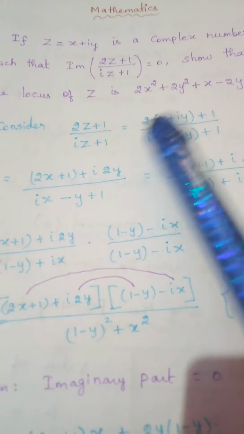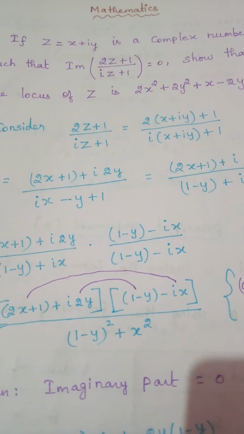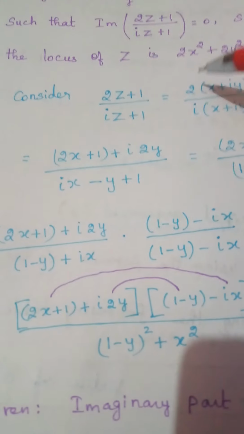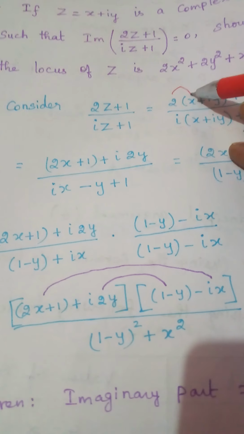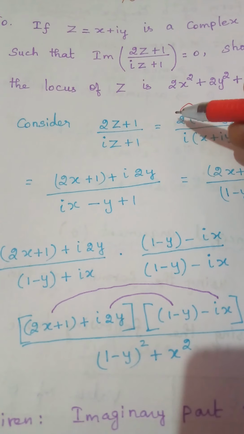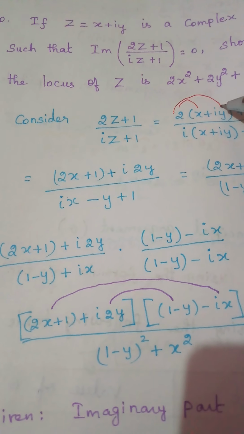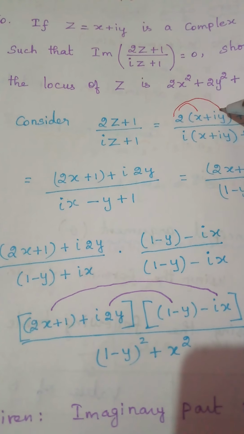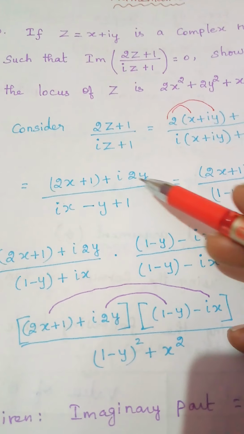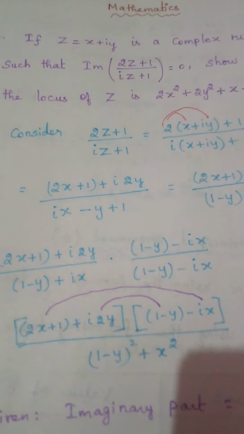If I take this 2 to x, it comes in the real part, 2x. If I take this 2 to iy, it becomes 2iy, which is the imaginary part. Children, can you understand that?